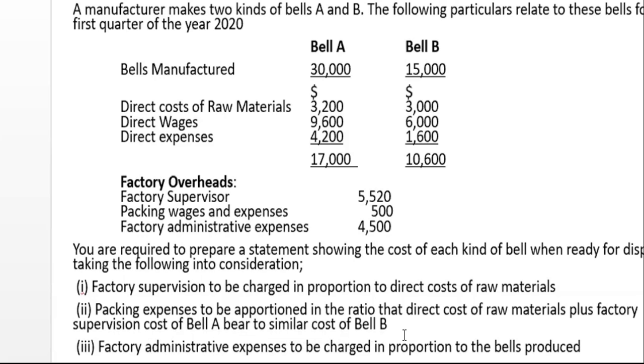The supervision cost you will already have gotten by apportioning the 5,520. So you add it to the raw material, and then you determine the ratio by which to share that.